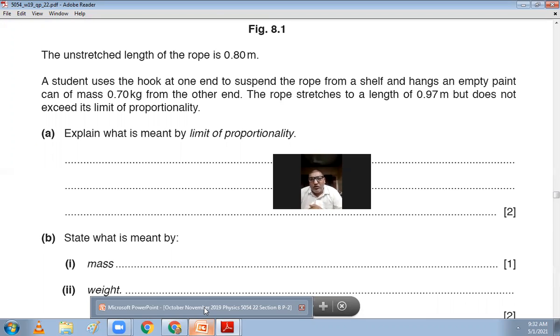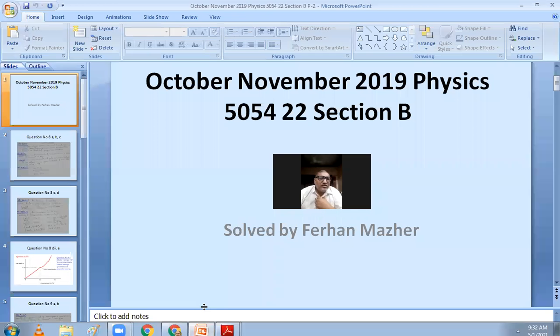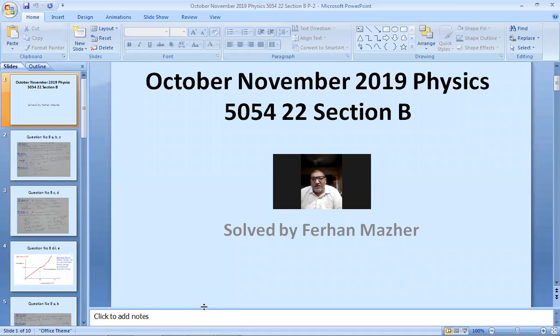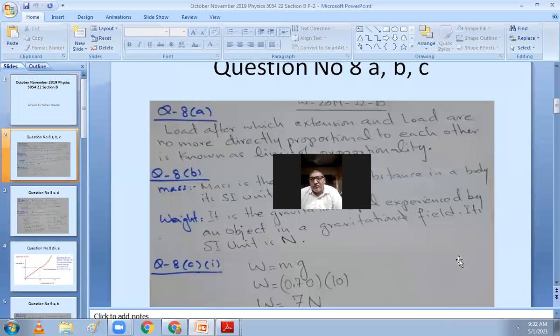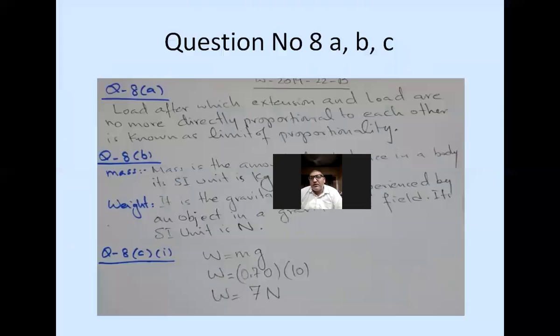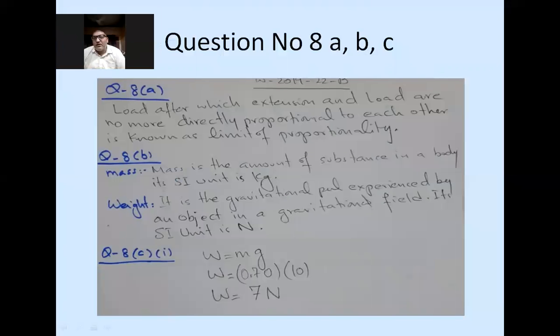The extension-load graph up till that point is a straight line. But after that point, the extension and the load are no more directly proportional to each other. The graph becomes a curve. So that point is known as the limit of proportionality.